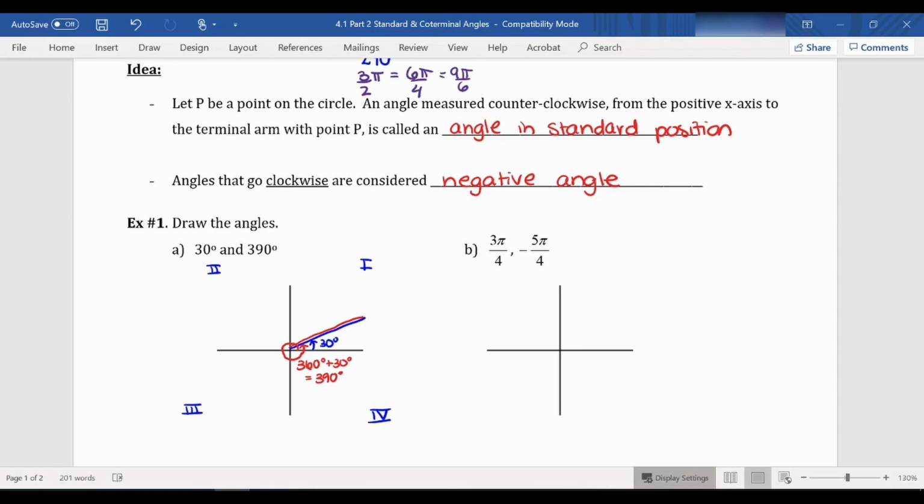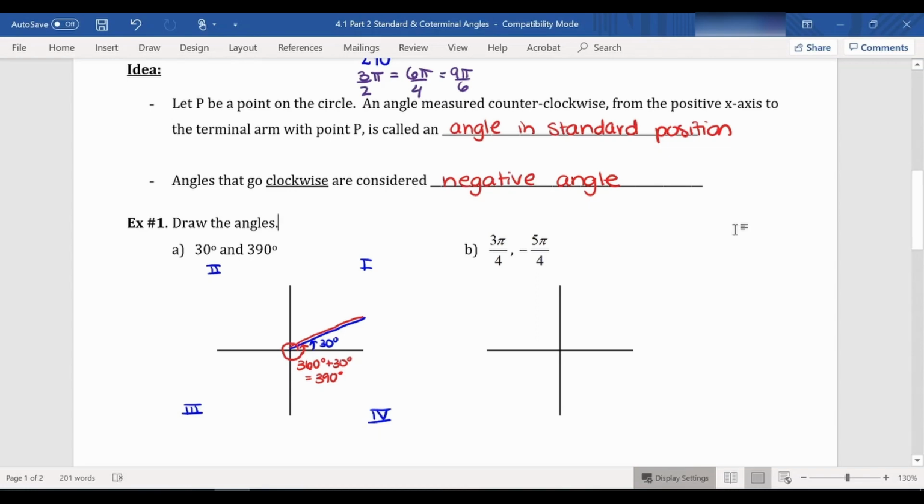So our terminal arms are in the same location. The difference is the 30 degrees, you've just traveled a little bit. The 390 degrees, you had to do a whole circle plus an extra 30. So we have a little bit farther to travel, but our terminal arms are in the same spot.